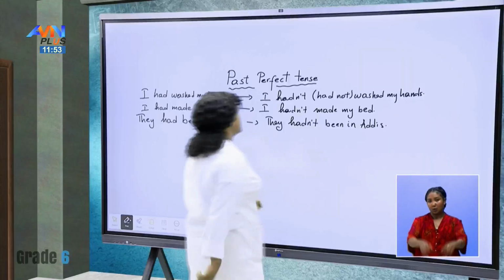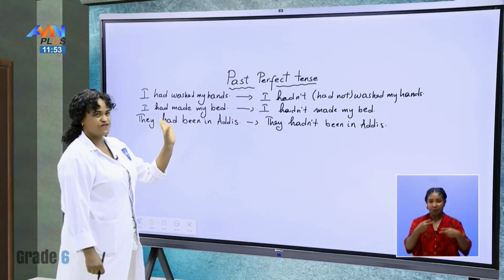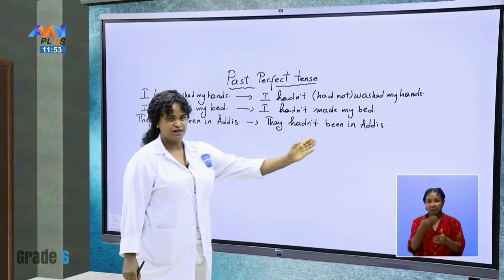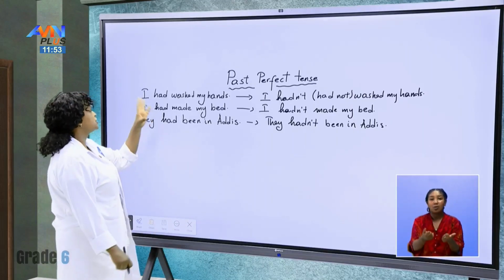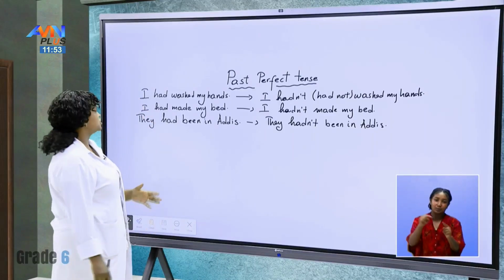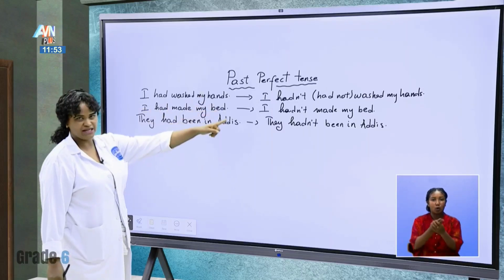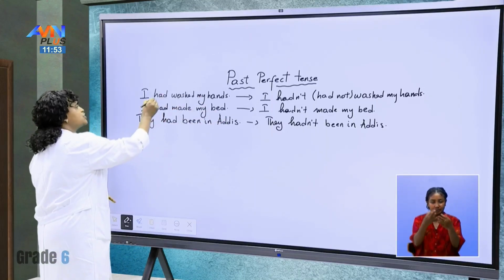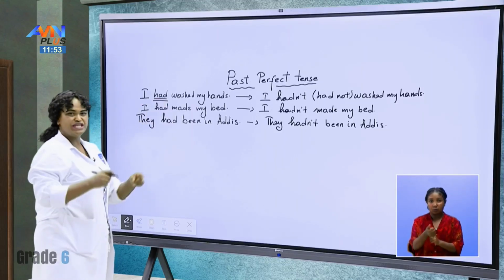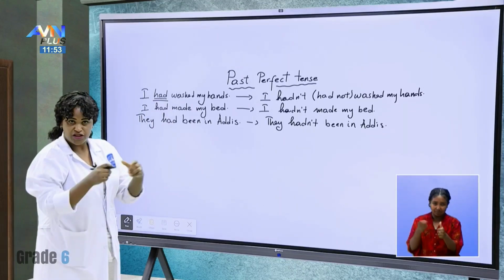Wonderful. All right. Now we have seen the affirmative, the negative. Let's come back to the interrogative or question sentence. Let us change these sentences into questions. I had washed my hands. How do we start? Since the tense has got its own auxiliary, we need to start the question with the auxiliary.